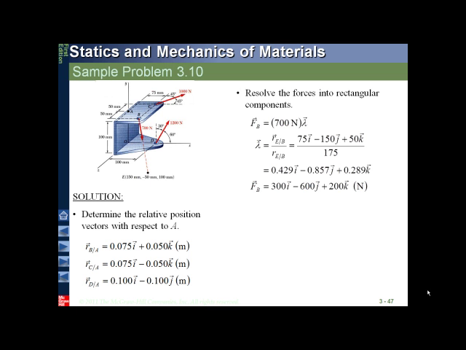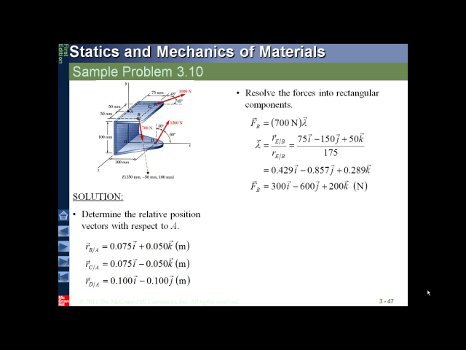And then for k, you are at 50 out from the origin at B, but in the Z direction you're going out 100, so the difference is 50. If you take 75 squared, 150 squared, and 50 squared, and take the square root, it should be 175.